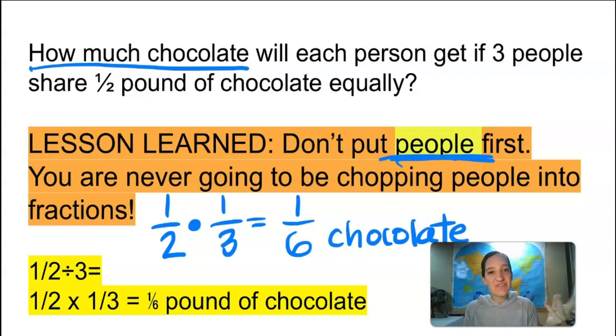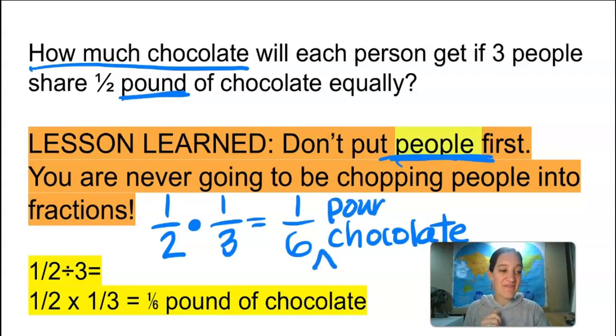So how are they measuring the chocolate? They're measuring the chocolate in pounds. So you need to make sure that your label has pounds as well. All of those 3 people, they'll all get 1/6 of a pound of chocolate. Okay, so be careful with your label. Make sure you actually are answering the question and helping me know what exactly is going on.